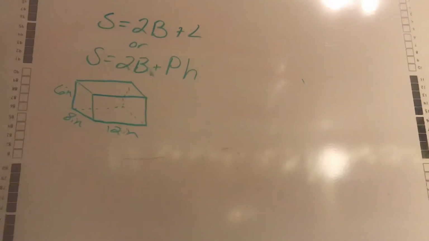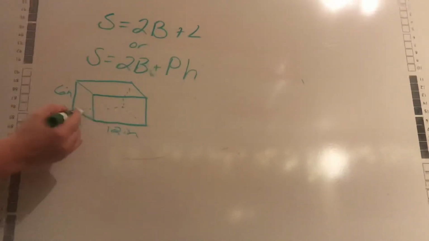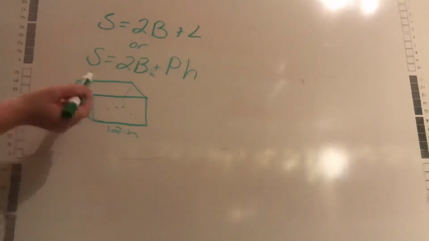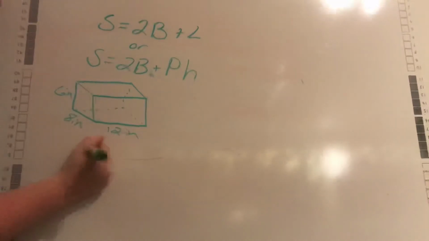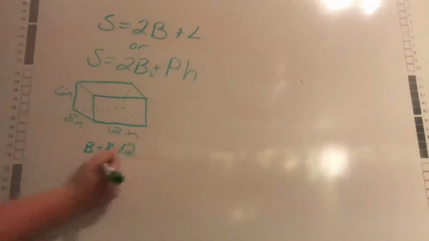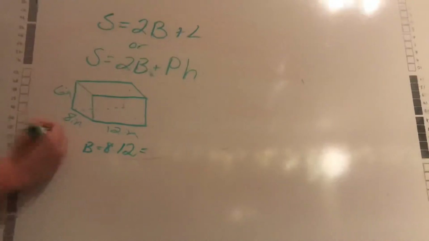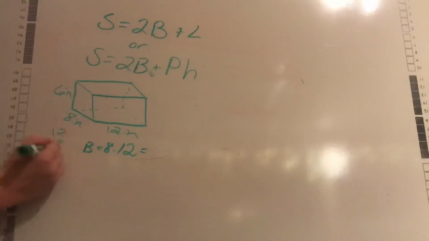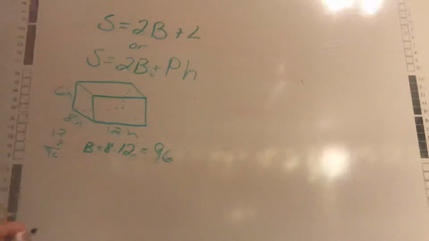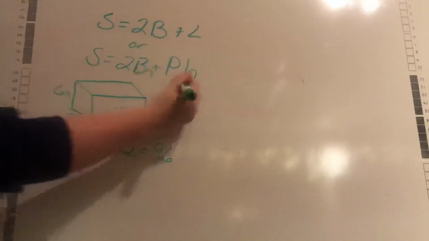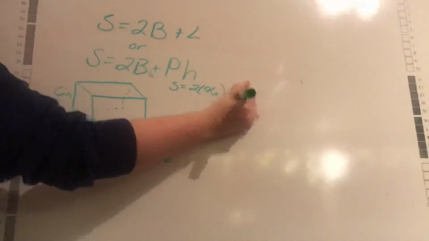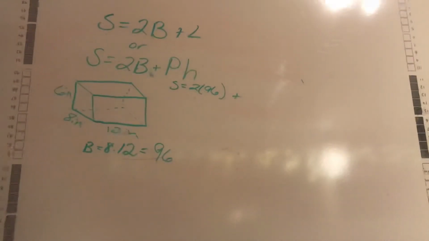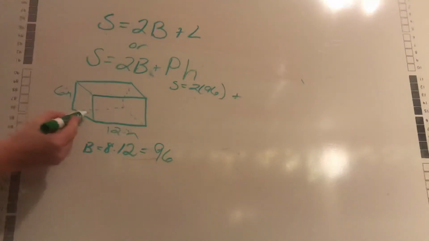So the first thing we're going to do is find our base. Well, this little rectangle on the bottom is our base. To find the area of B, we just take 8 times 12. So B equals 8 times 12, which is 96. So we can plug that into our formula. We have S equals 2 times 96 plus our perimeter, the perimeter of this base.